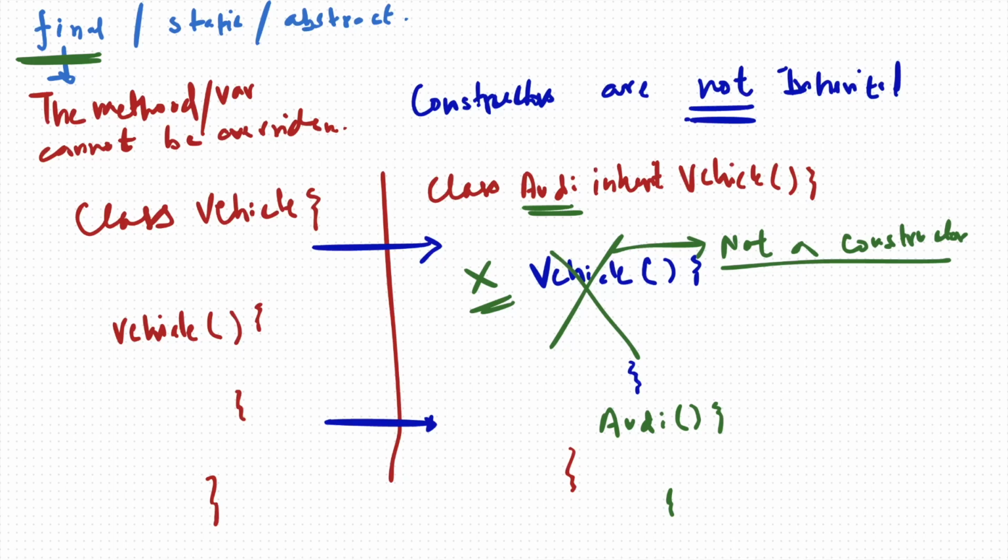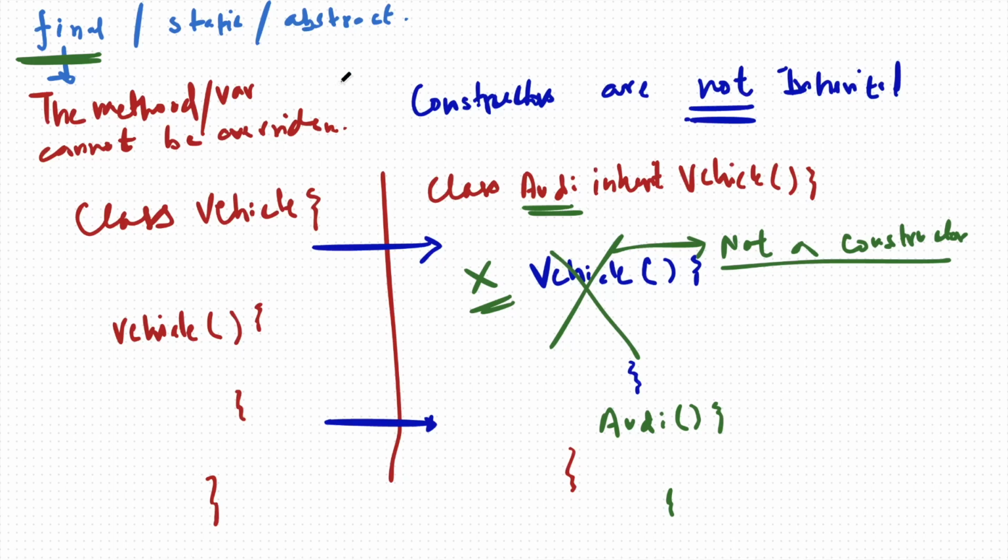If the function cannot be inherited, then there is no sense in defining it as final, because even if we don't define it as final, it is already final, it's not getting inherited, so the implementation of this will never be changed. So this is why it's not final.